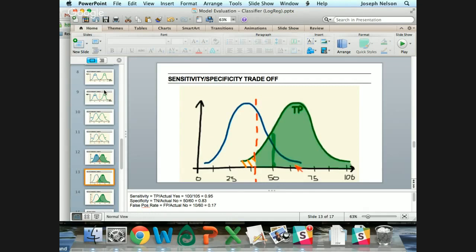What values increased, what values decreased, what went on? And why would we do that? So our rate of true positives has increased because we're touching more of them at the cost of what?